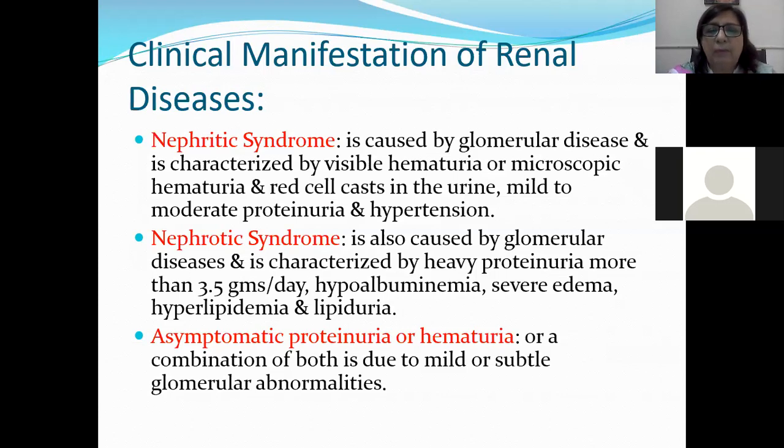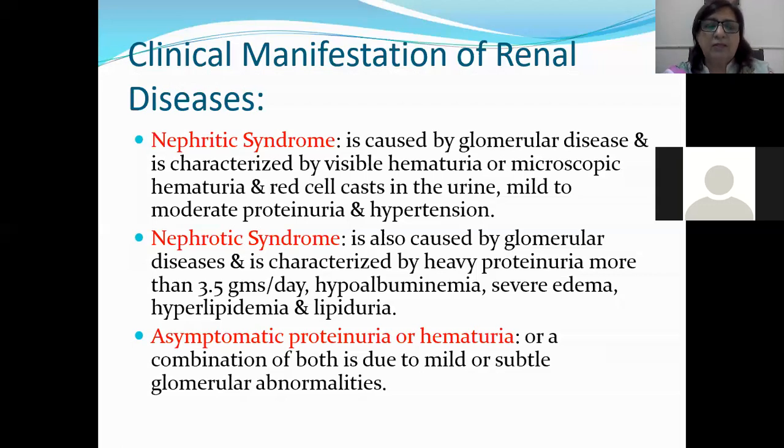There is going to be hypoalbuminemia because albumin becomes less as it is lost, and the liver is not able to synthesize that much amount of albumin which is lost in the urine every day, and there is going to be severe edema in the tissues, and there is going to be hyperlipidemia and lipiduria. I'm going to explain the pathophysiology of nephrotic syndrome when I do the nephrotic syndrome with you.